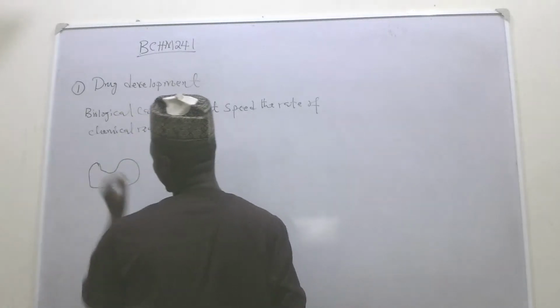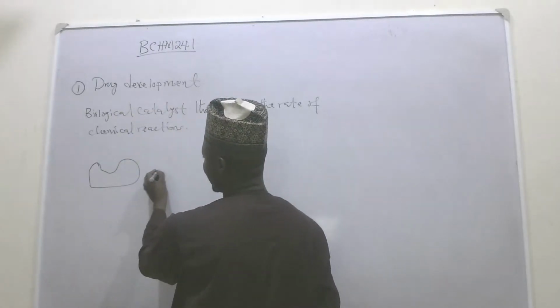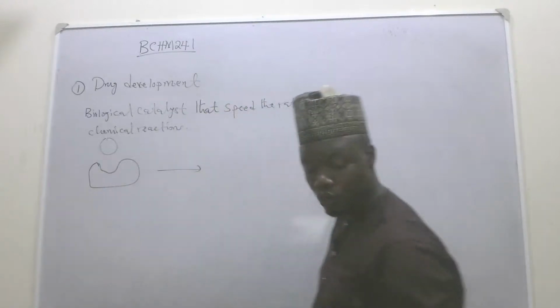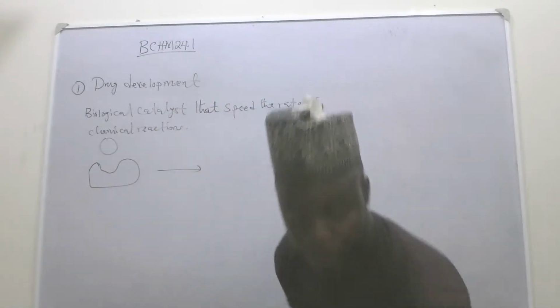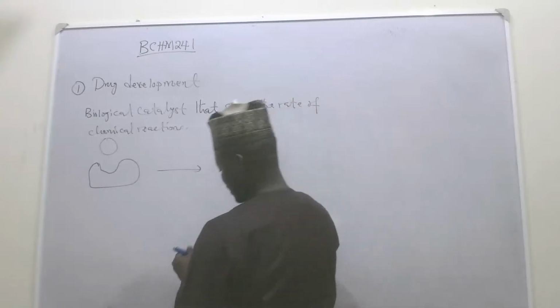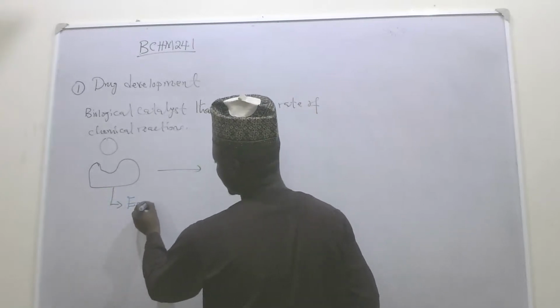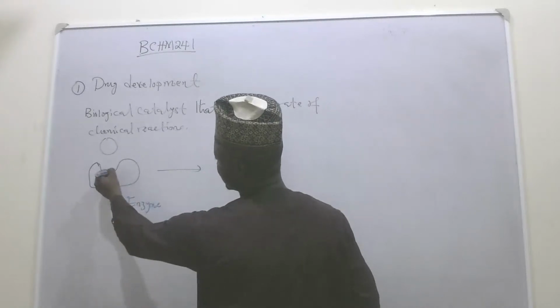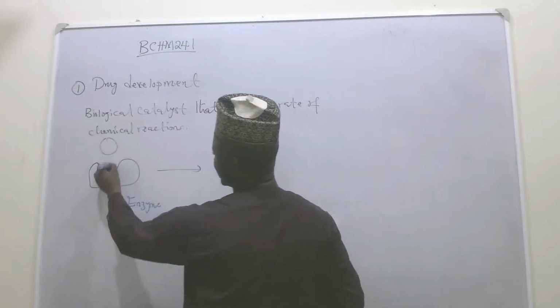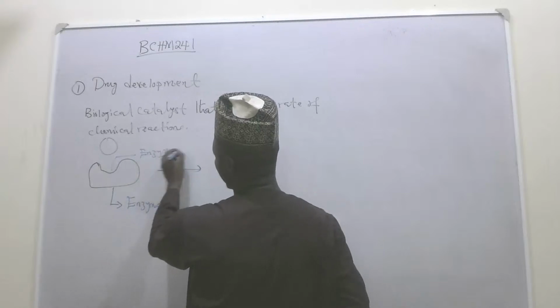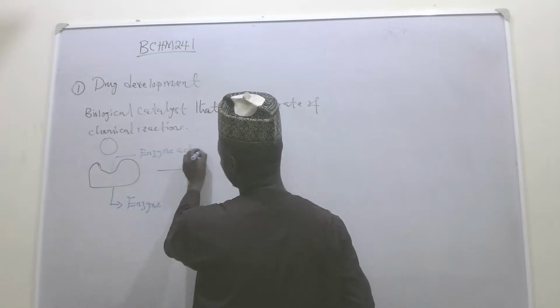So let's say this is an enzyme. The enzyme has an active site where the substrate binds. This is the enzyme, and this is the enzyme active site, ladies and gentlemen.